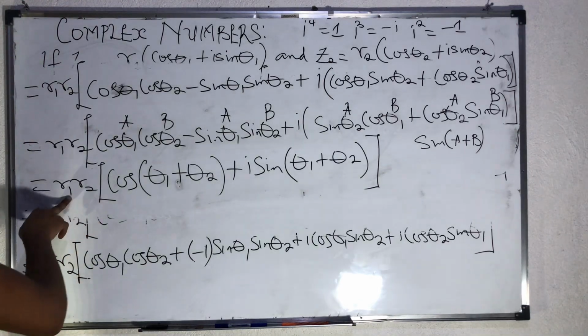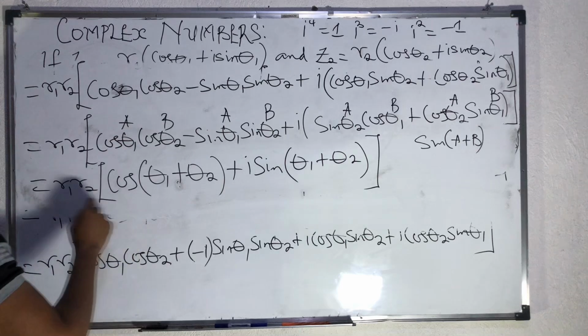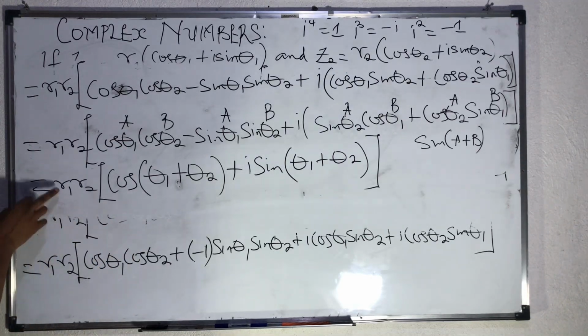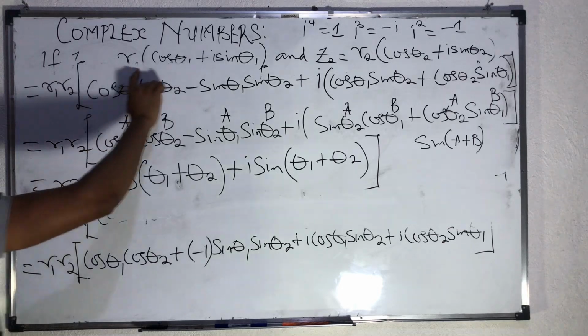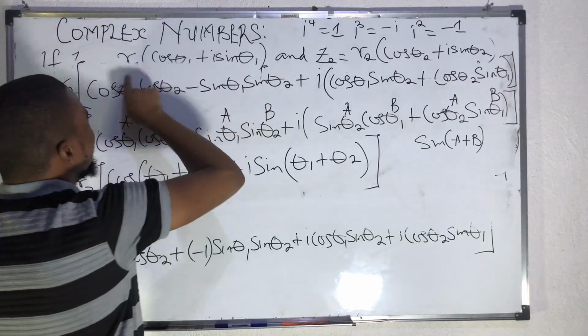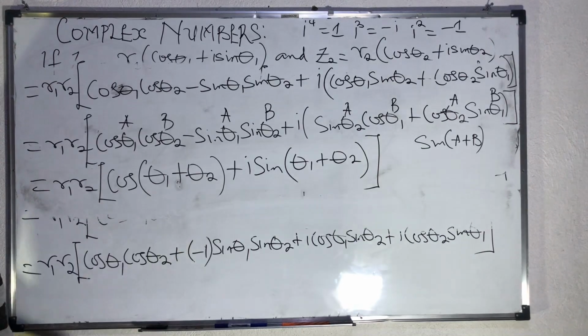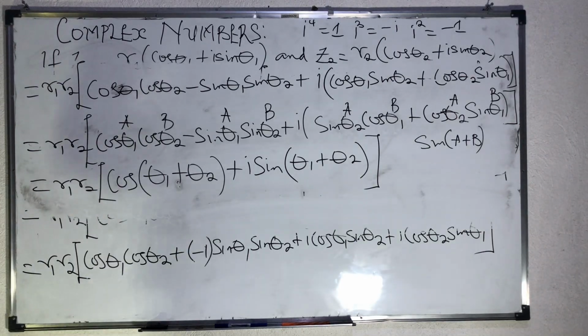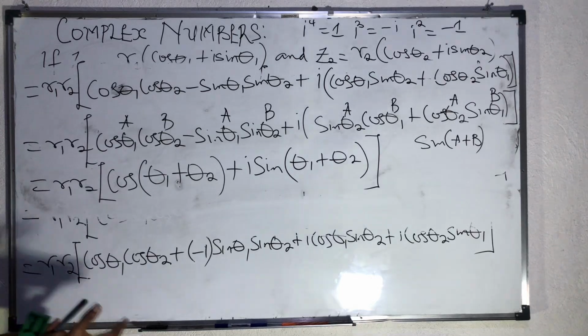Now, you've seen that this formula has been derived. If you multiply two complex numbers in their polar form, this is the formula that you're supposed to use. And this R1 and Z1 and Z2 has given us something like this. This is how to derive the formula. It's pretty challenging, but trust me, over time you learn how to do it.